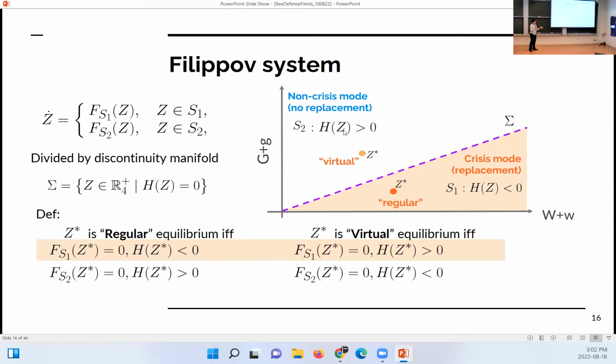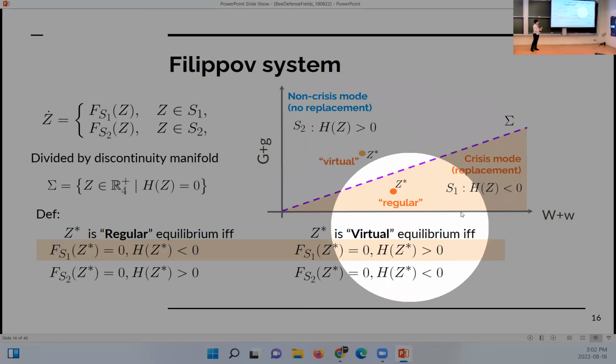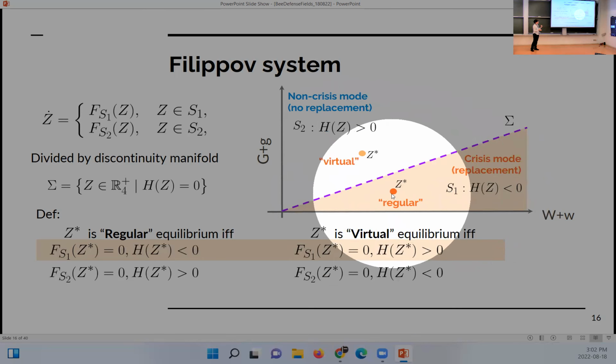And then inside that, we have to classify equilibria a little differently. So we need to define when an equilibrium is inside its own vector field, but also has the right proportion of guards. So if the vector field for the crisis system has an equilibrium and that equilibrium has a low proportion of guards, then that is a regular equilibrium, it's okay.